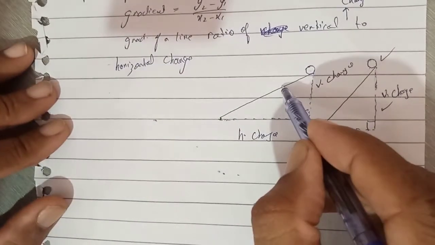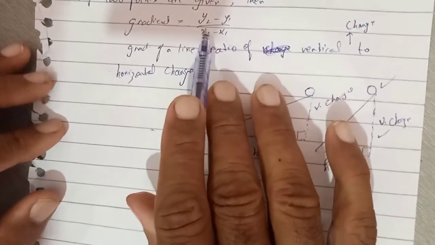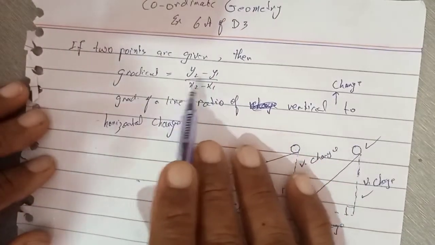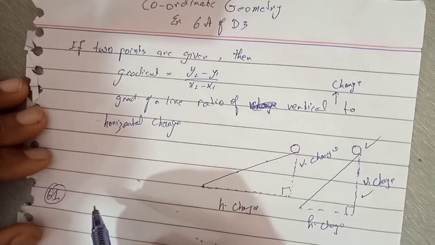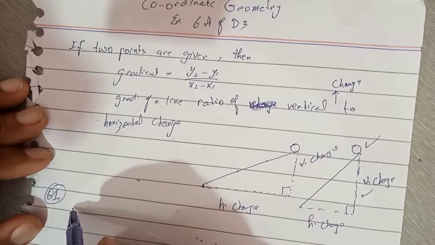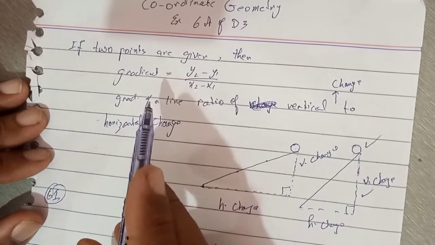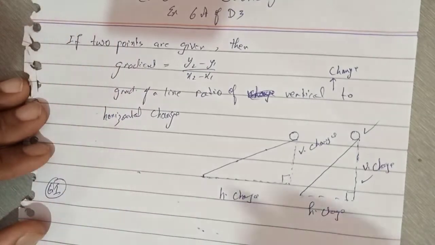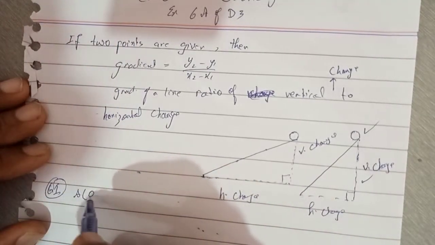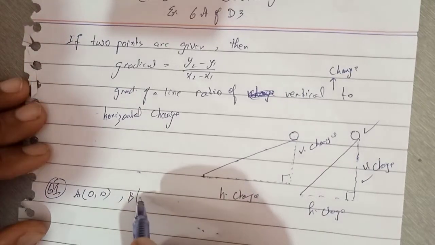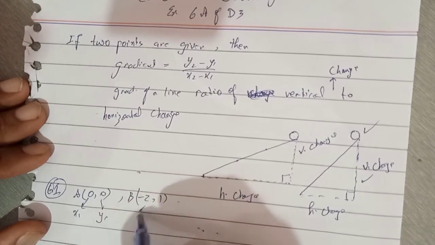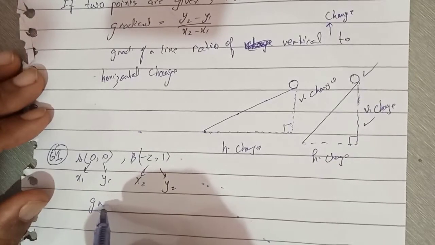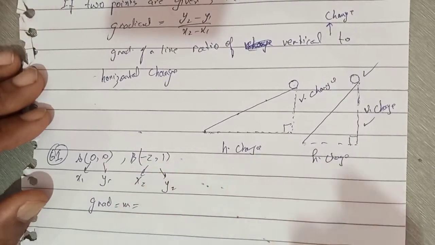So when you are given 2 points on a line, we will use the formula y2 minus y1 over x2 minus x1. In question 1 of exercise 6a, we find the gradient. You are given 2 points, A which is 0 0 and B which is minus 2 1. This is called x1, this is y1, this is x2, this is y2.